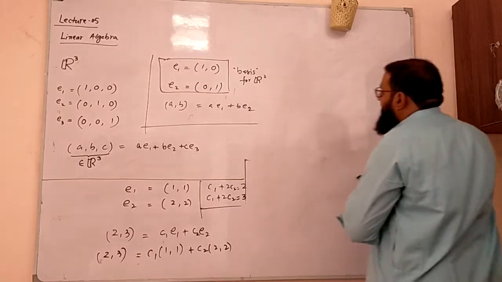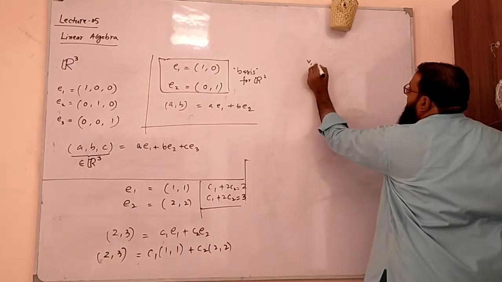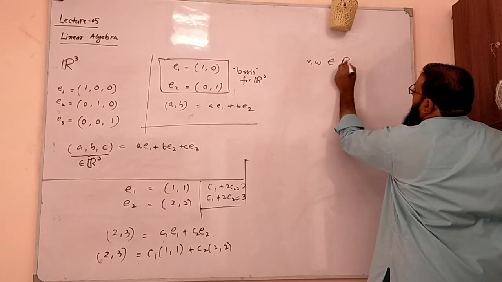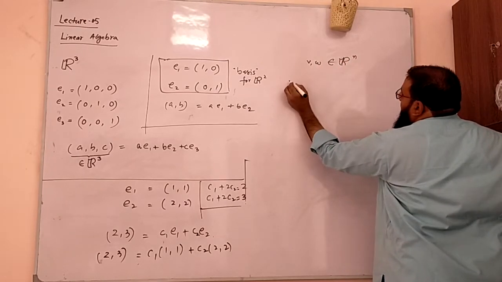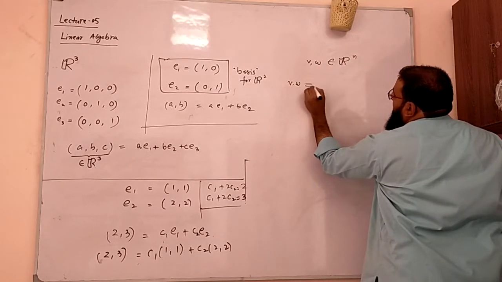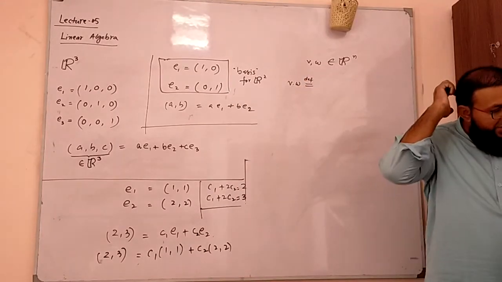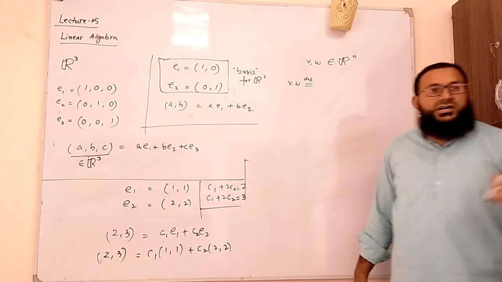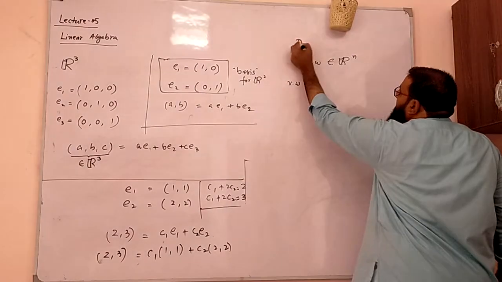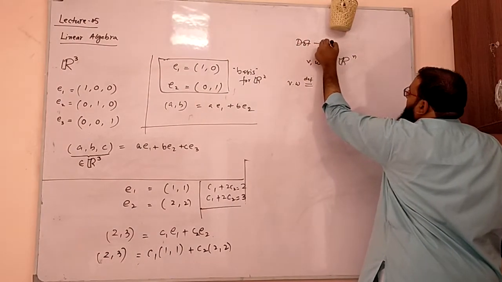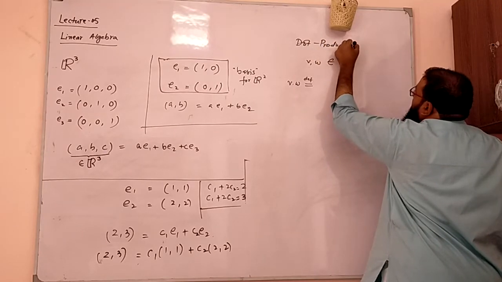So you have V and W already defined in Rn. What do you mean by this particular thing? What do we call this? The dot product. How do you define it?